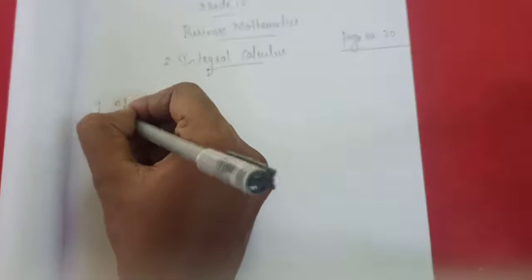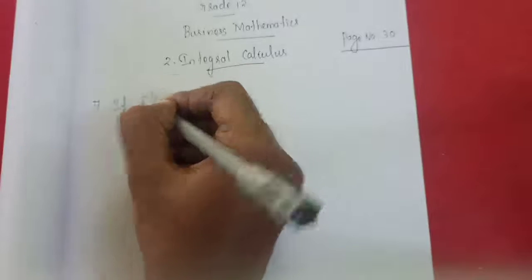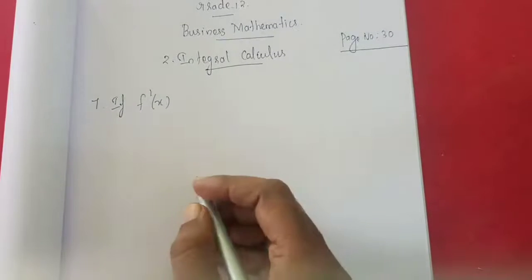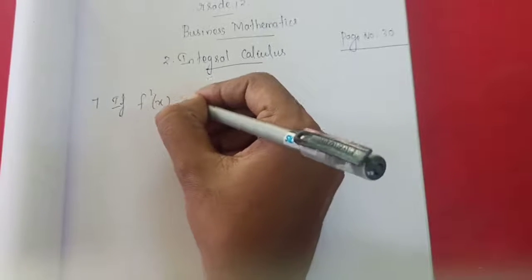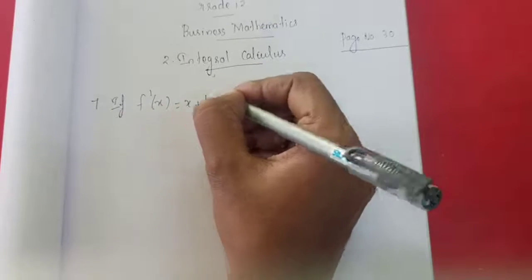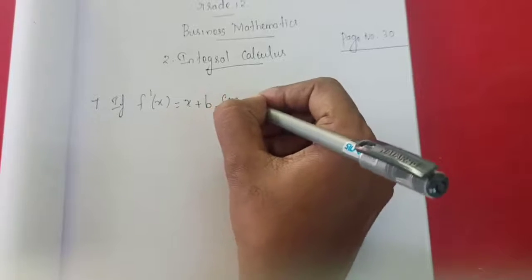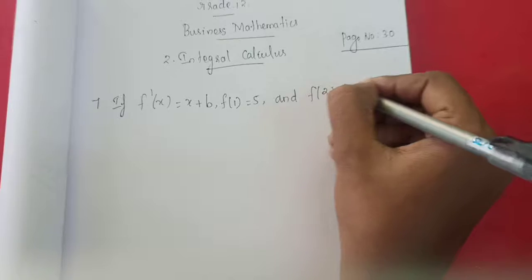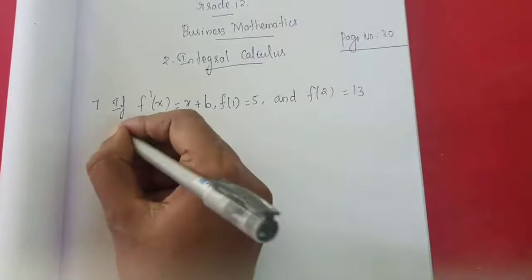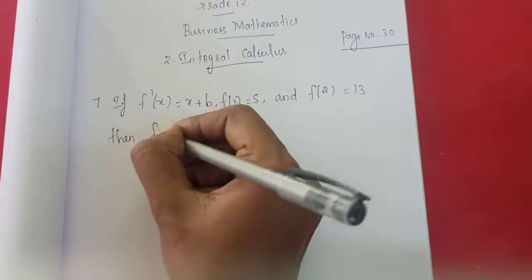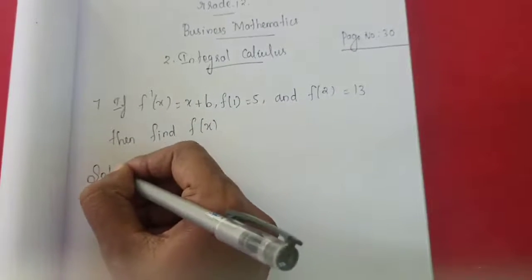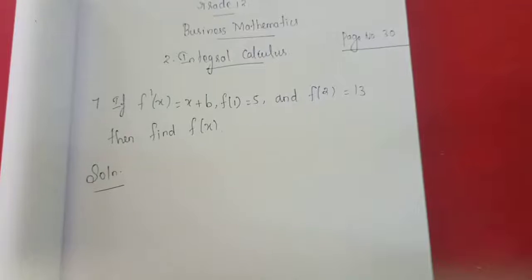Question is, if f dash of x is equal to x plus b, f of 1 equal to 5 and f of 2 equal to 13, then find f of x. Here f dash of x is given, we need to find f of x.